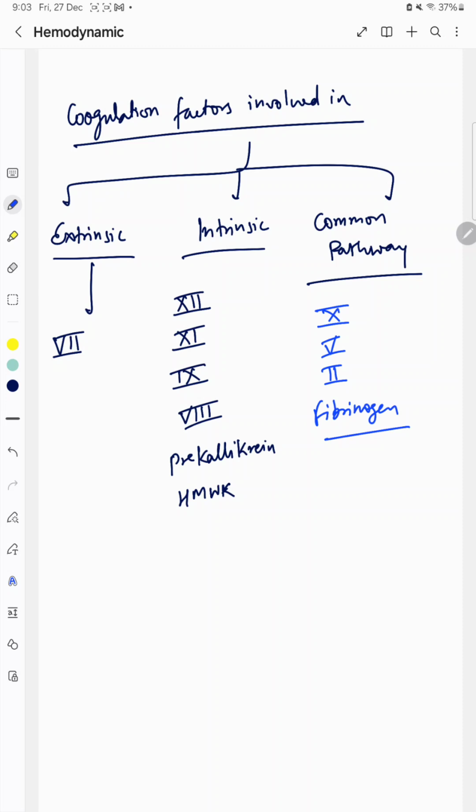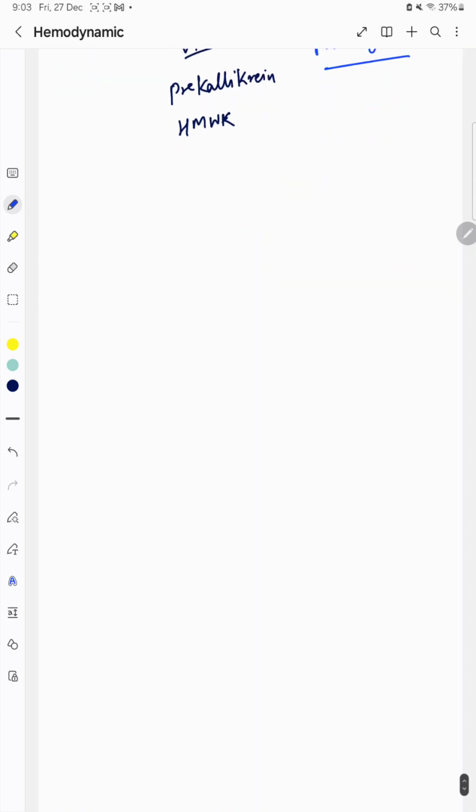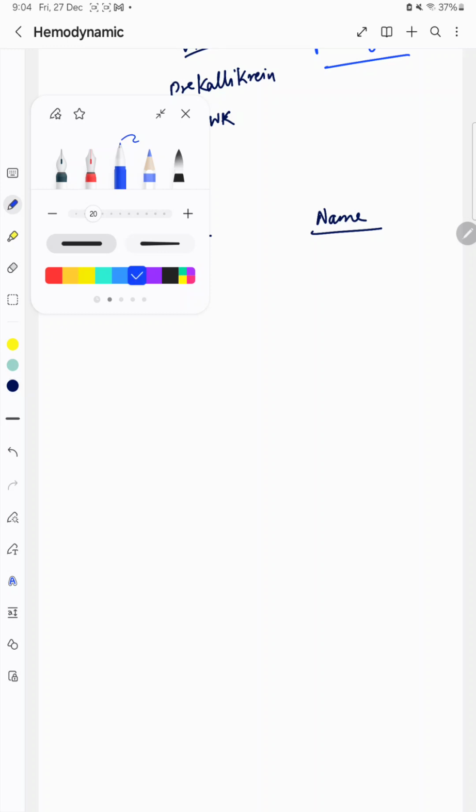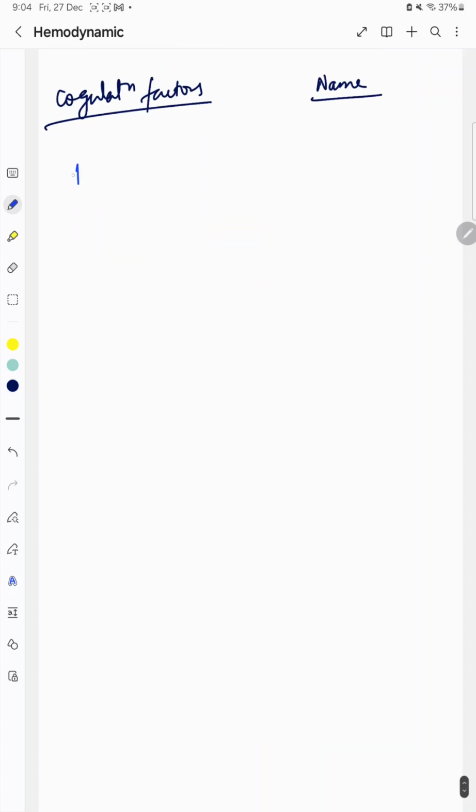Now we will briefly look at the names of the various coagulation factors. Coagulation or clotting factors, names. First clotting factor is known as fibrinogen.